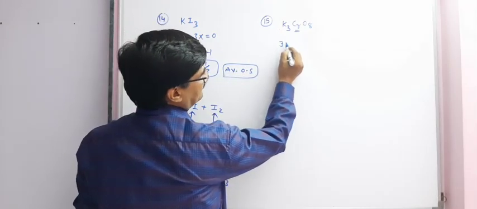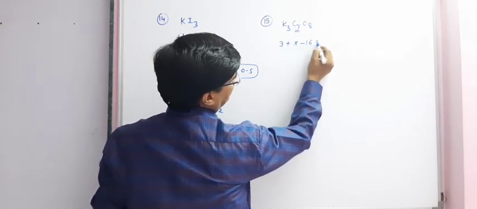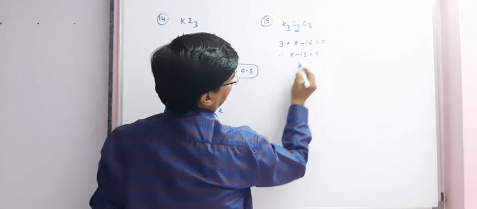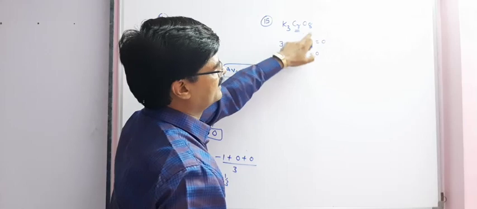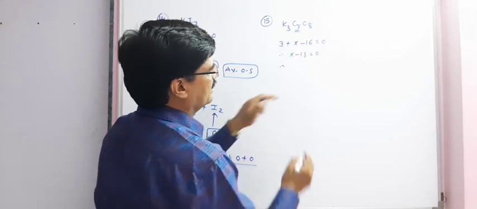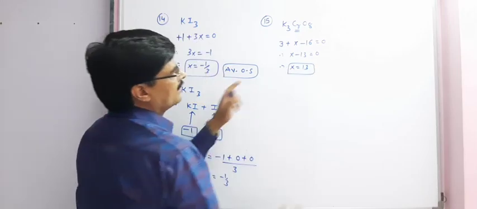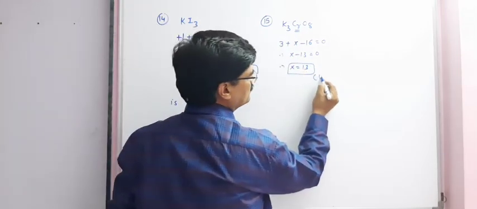So we have 3 ones are 3 plus x minus 16 is equal to 0. So x minus 13 is equal to 0. So x is equal to 13. For chromium it is 13, which is absolutely wrong.